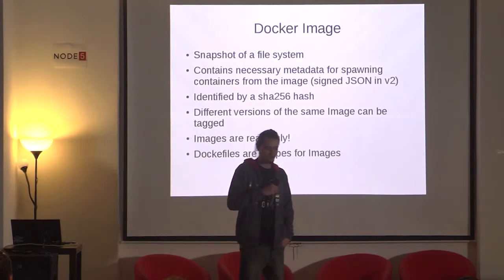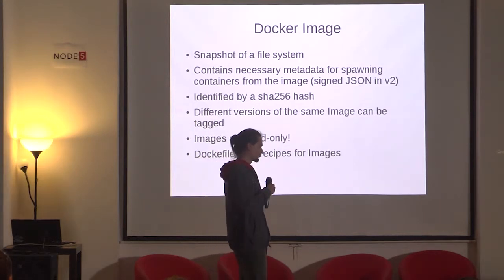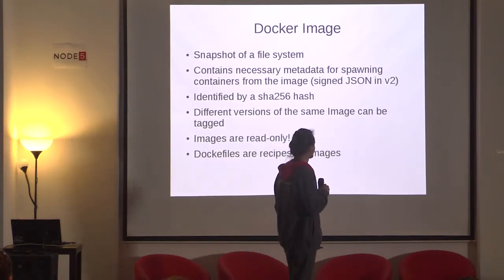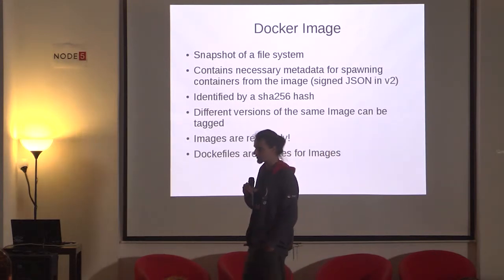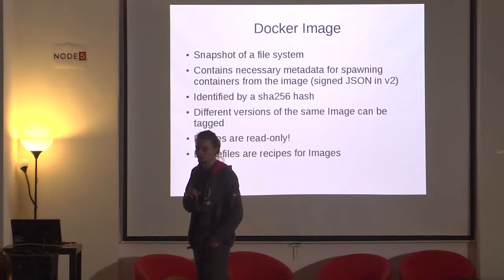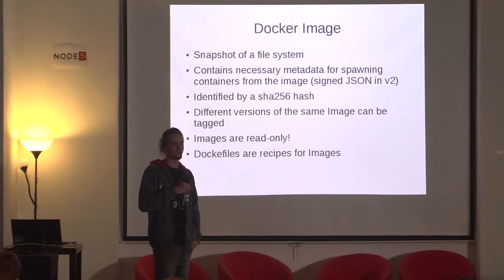There is actually work underway on version 2 of the image format, because so far we have version 1 of the image format, which is not very well suited for large-scale deployments, and it's not deterministic.